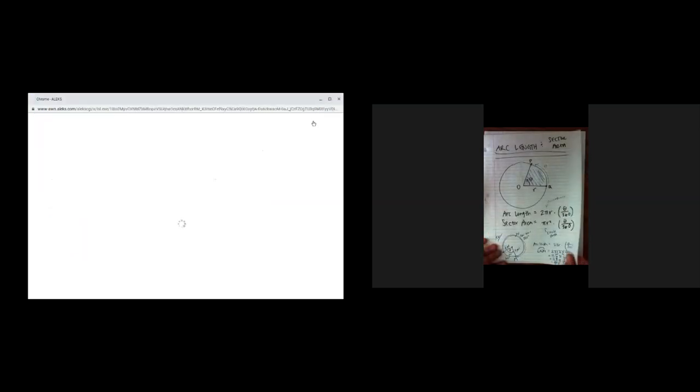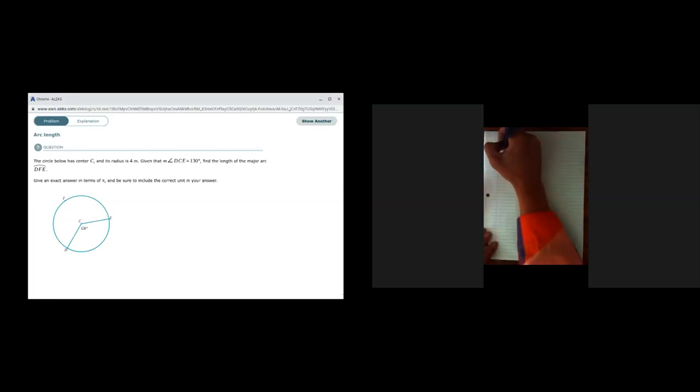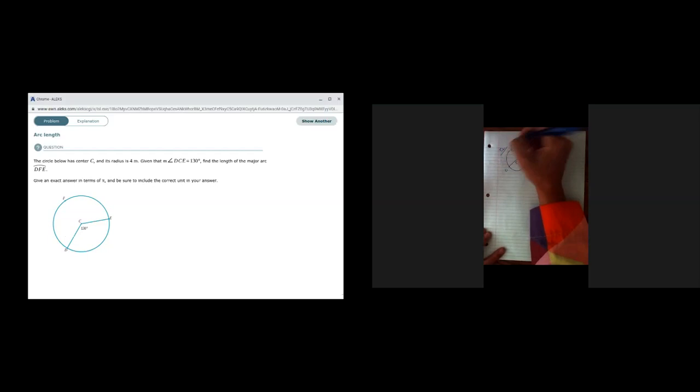Let's get some more paper. All right, next example. We got a circle. We got a center at C. We have point D here and a point E here and a point over here, F. There we go.